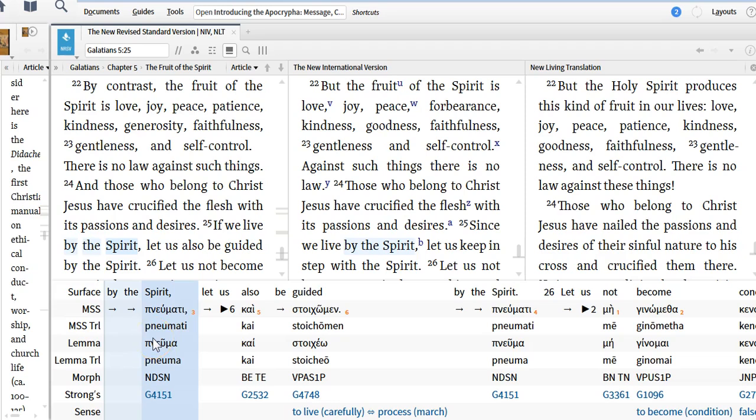Live by the Spirit. Could, even in English, suggest live by the Spirit's agency, if you will, or the standard in line with which we live, as in living by the Golden Rule. Well, the Golden Rule is a standard by which one lives.